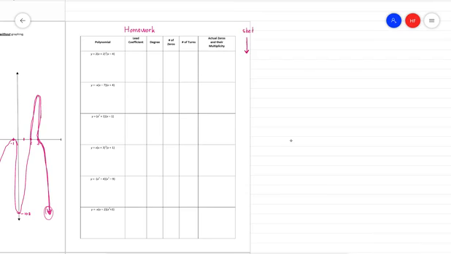Remember, it doesn't have to be accurate at all. Sorry about that. So on the added column, I want you to put a sketch of the graph. If you don't have space, obviously, then you can put that on the back of this or on any random sheet of paper.